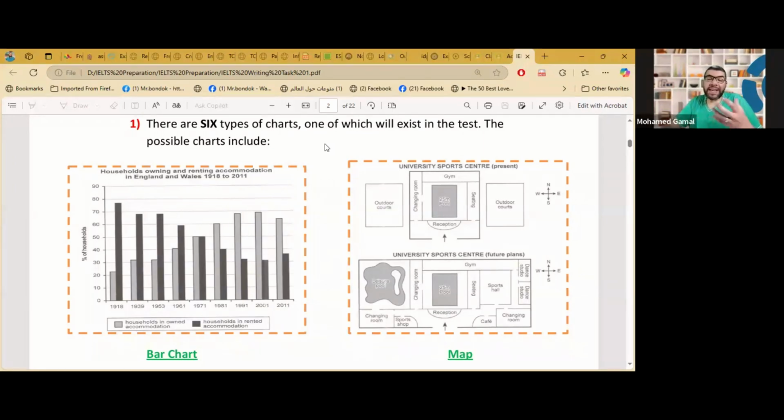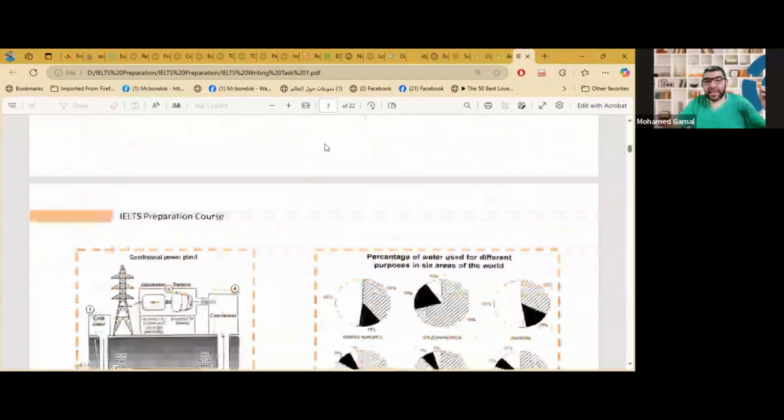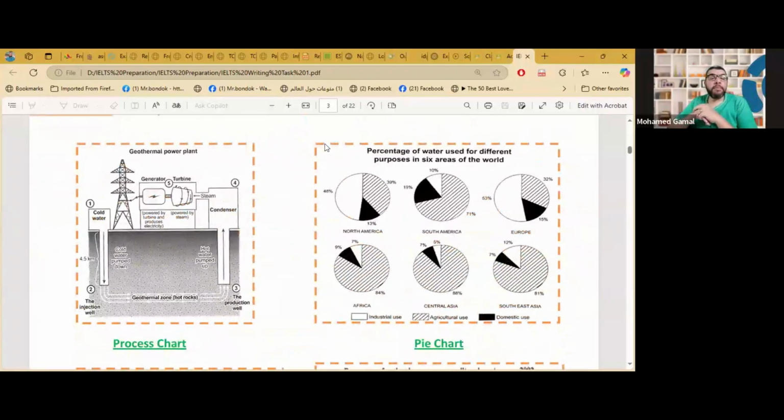And what we can exclude from this is the process chart. Because in the process chart, the one on the left here, you are not focusing on selecting key figures or key changes. No, you are writing about a process, like steps. What happens first, what happens next, what comes before, what happens after, and these things.